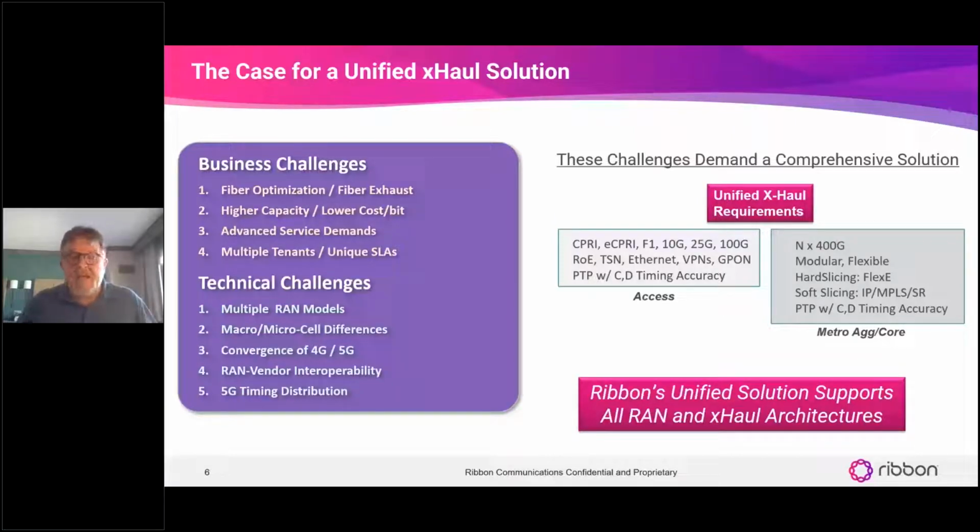And then in many cases, you're going to have multiple tenants, each of which is going to demand a different SLA depending on what their business model is. They may require, say, a platinum level service, and then others may take gold, and then others may just look at more of a best effort service.